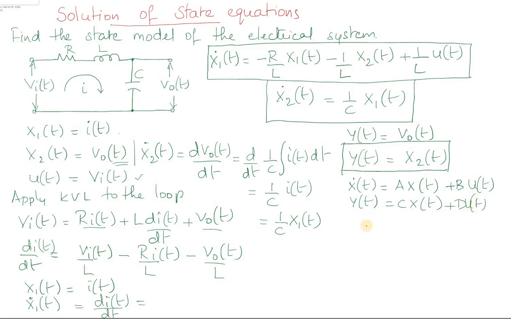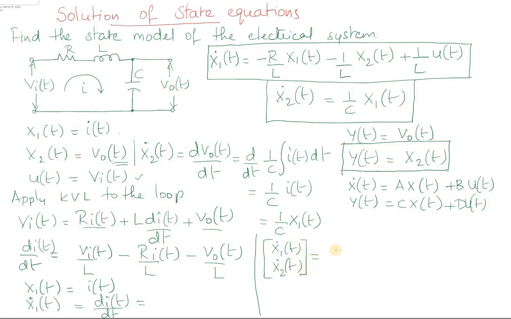So these are the two equations. Now if we compare these two equations, we have two state variables. So the first equation will be like this: x1 dot of t and x2 dot of t, put them in the form of a matrix.